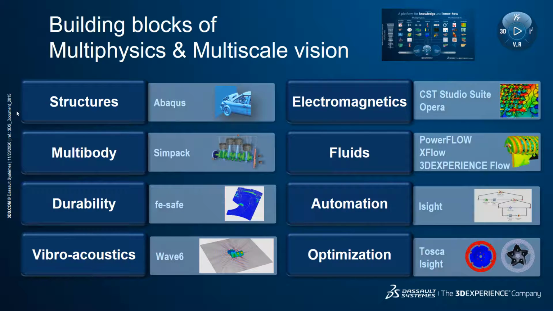With PowerFlow, it is even possible to get a WLTP certification for a vehicle based on simulation. So there's a really, really high accuracy of our solution that's even accepted and valued by the certification body. And of course, topics like automation and optimization are always a key part of the portfolio.